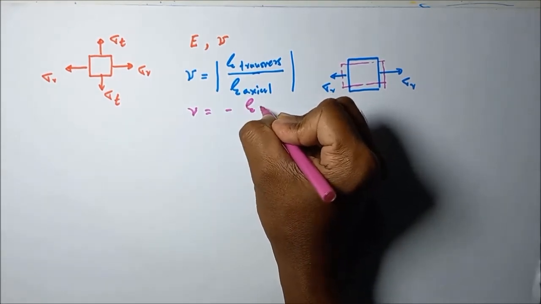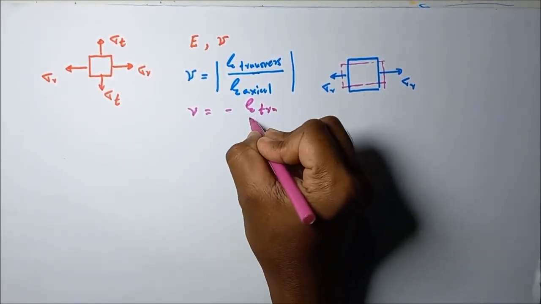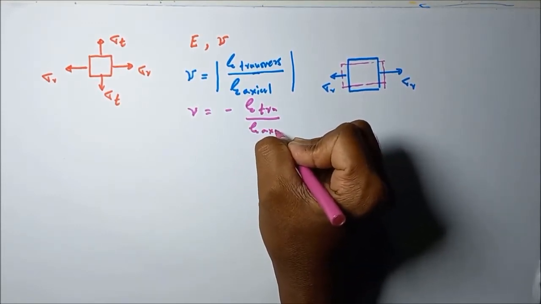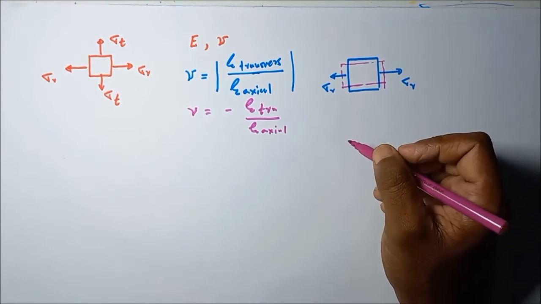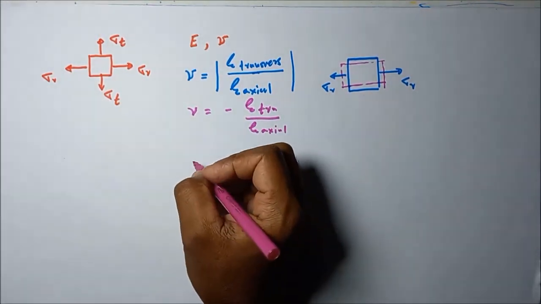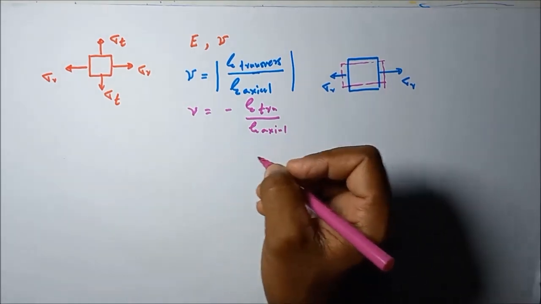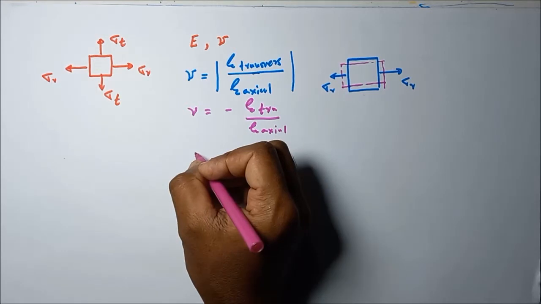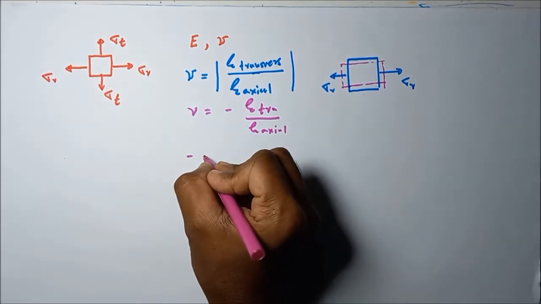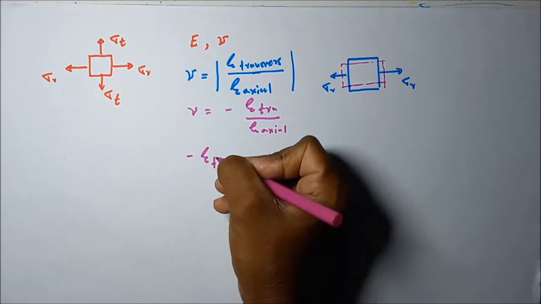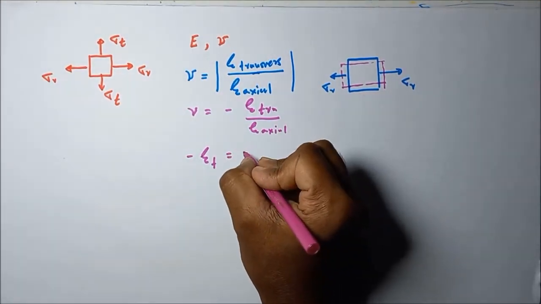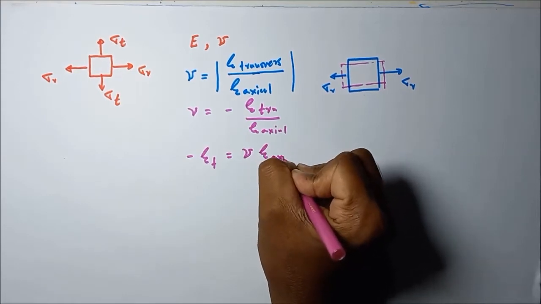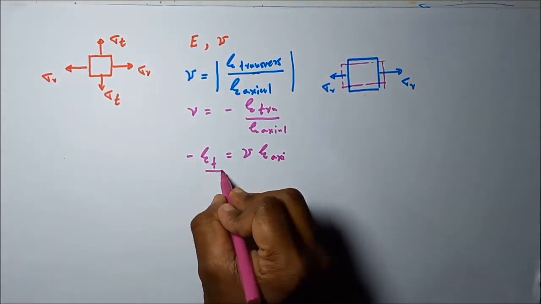Then we have the equation: minus strain in the transverse direction is equal to nu into strain in the axial direction.